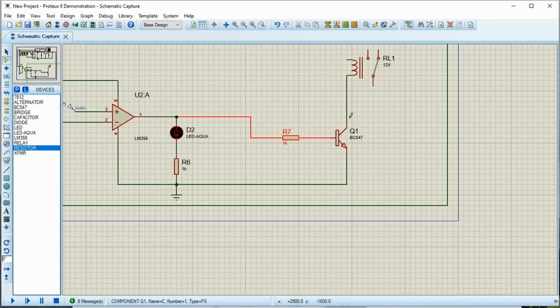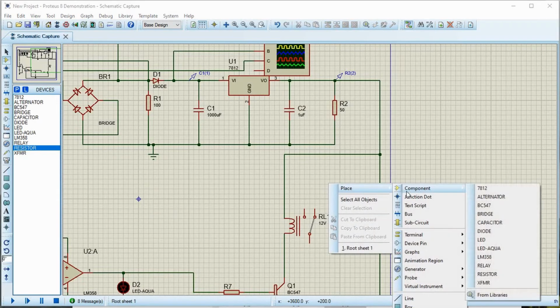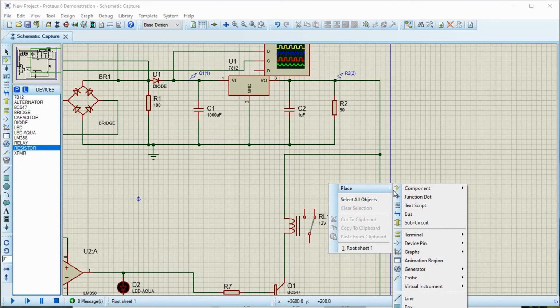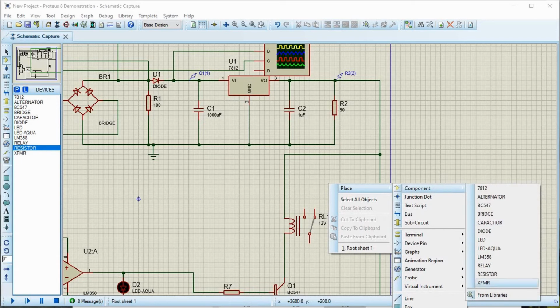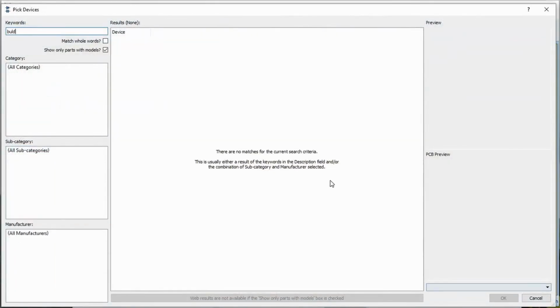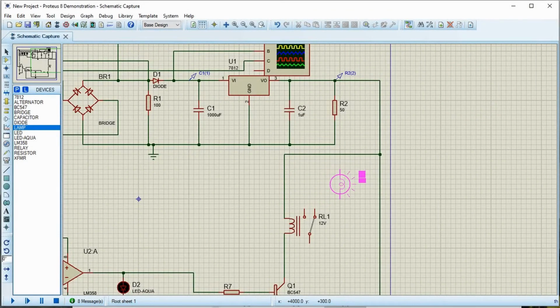This relay, let me connect it to this 12 volt. To the relay, practically you will be connecting your appliance, that is a fridge or a washing machine or any electronic device. So I'll just put a bulb, and we will connect it to 230 volts.